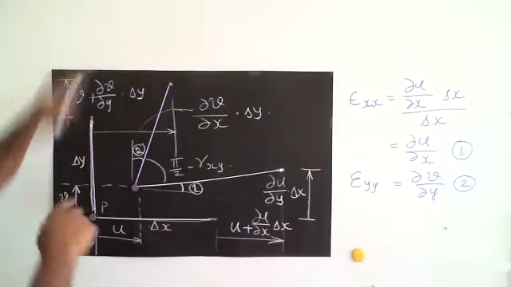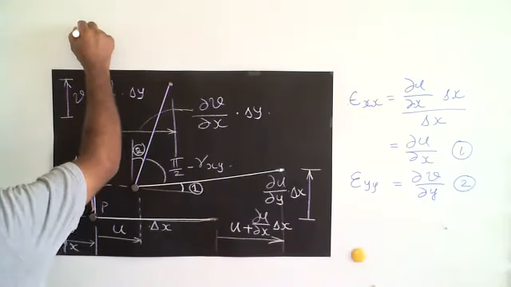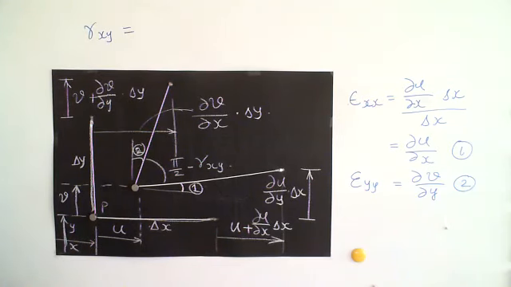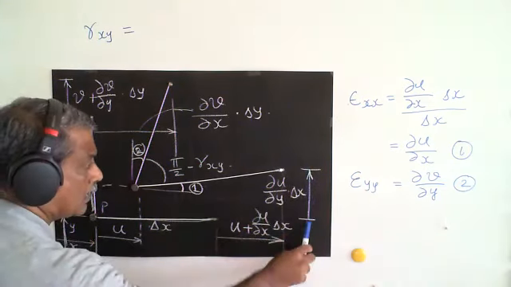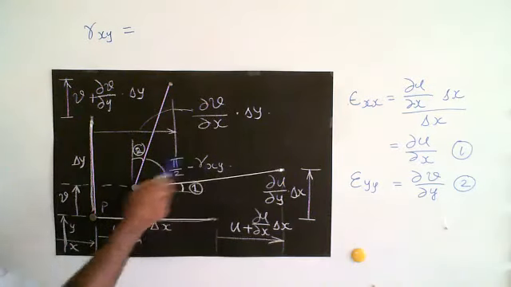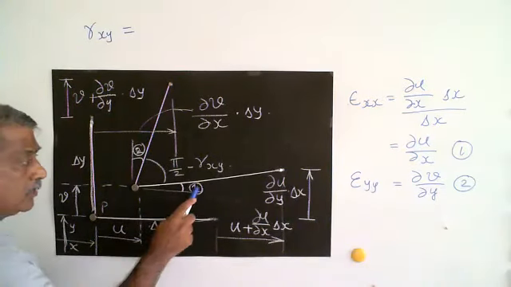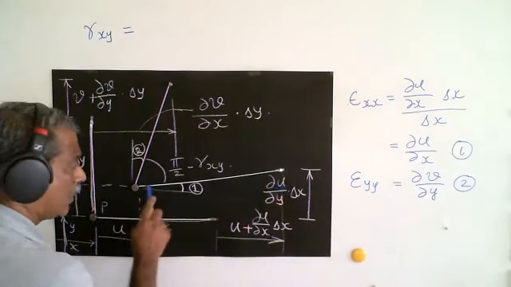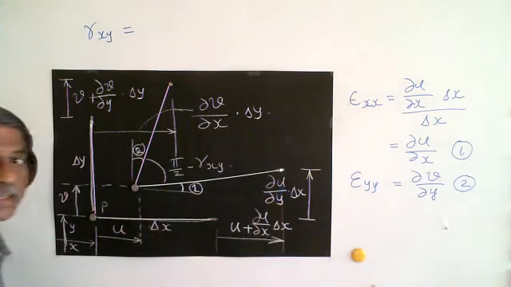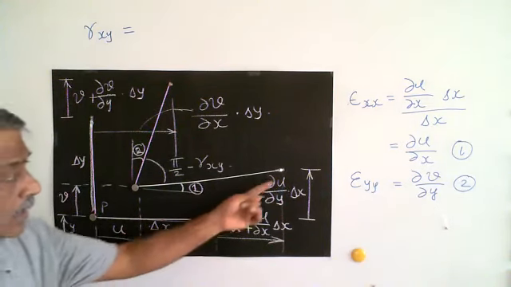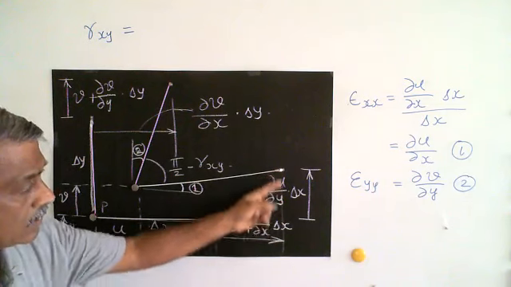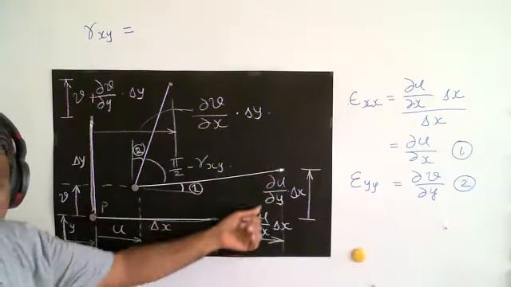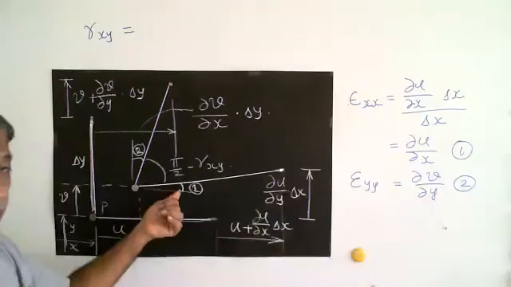What is now left out is gamma XY. There is a movement that has occurred over here, and it has rotated. If I have to find out this rotation, that's very simple for me. For all practical purposes I can take this length to be delta X, divide this total movement that has occurred by delta X, and I'll get this angle 1.